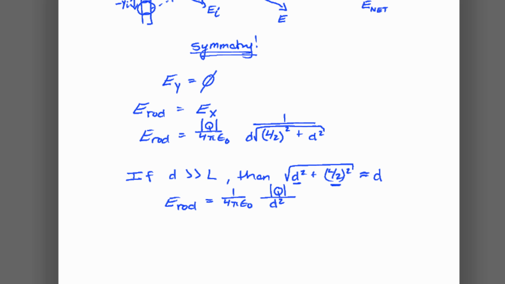And the reason it's distance squared is because there was still a D outside of the square root. We only simplified the square root down to D.